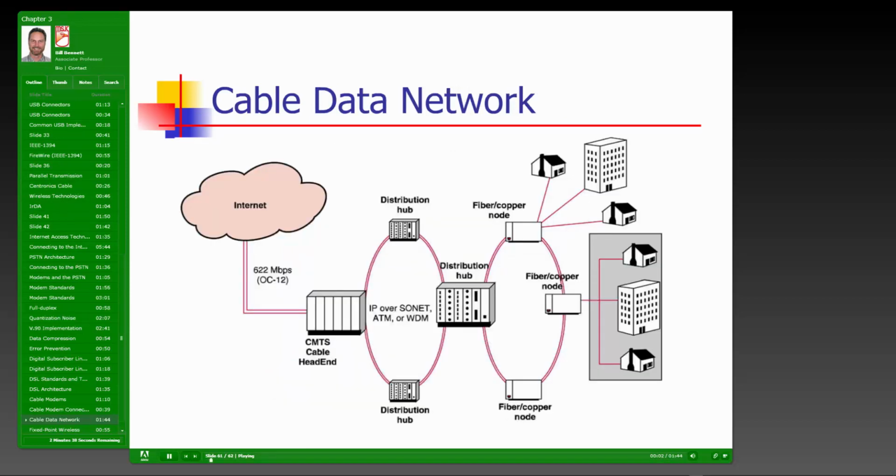This graphic is showing the cable system's data network. You can see on the right are the households and the businesses, and they connect to the various nodes that make up the network for the cable system. Those nodes are usually connected by fiber these days. There was a time when they used coaxial cable to make the connection between those nodes as well.